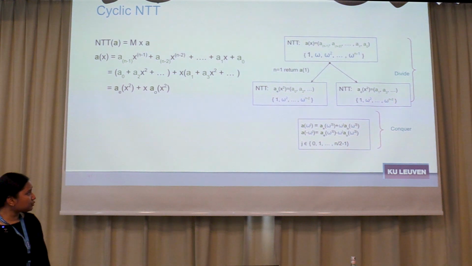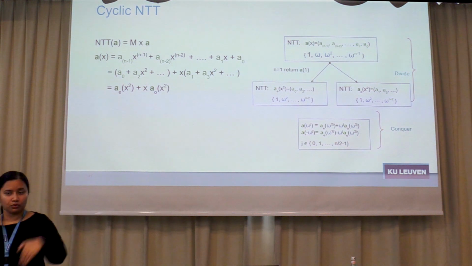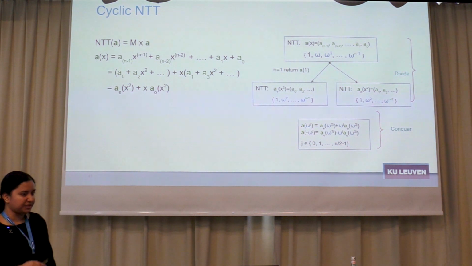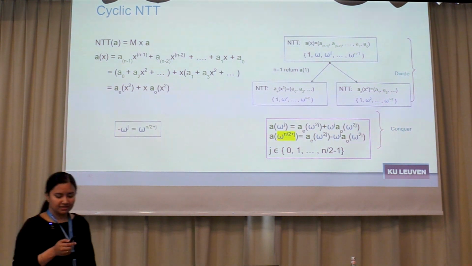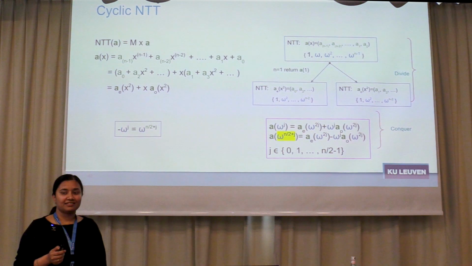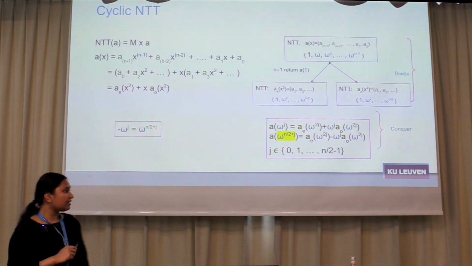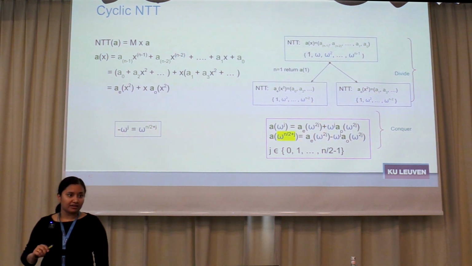And now we do divide and conquer, and this step we can do as many times as possible, until it becomes 0, okay? So we can go full binary search tree kind of thing. We can do it repeatedly. And we have one thing: as we have taken that good ring, x to the power n minus 1, then omega to the power n equals 1.